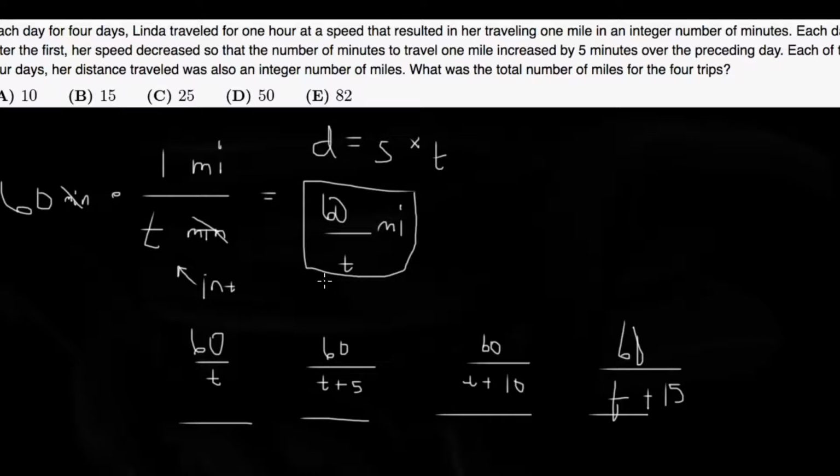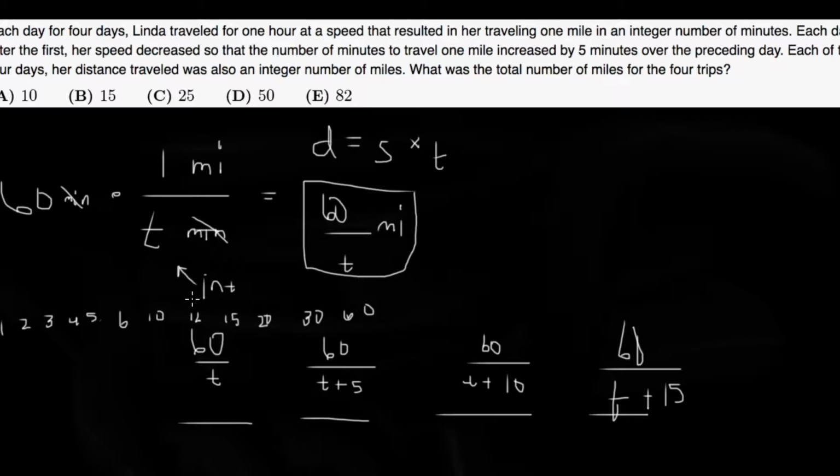Okay, so now that we have our distances for all of these, we just have to find an integer t that will work, that will evenly divide 60. So those are known as factors, right? So the factors of 60 are 1, 2, 3, 4, 5, 6, 10, 12, 15, 20, 30, and 60.